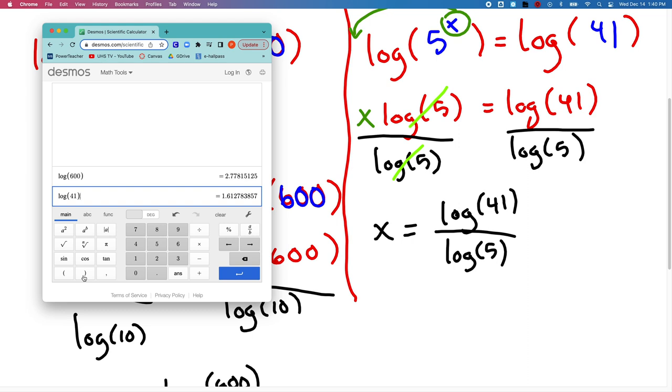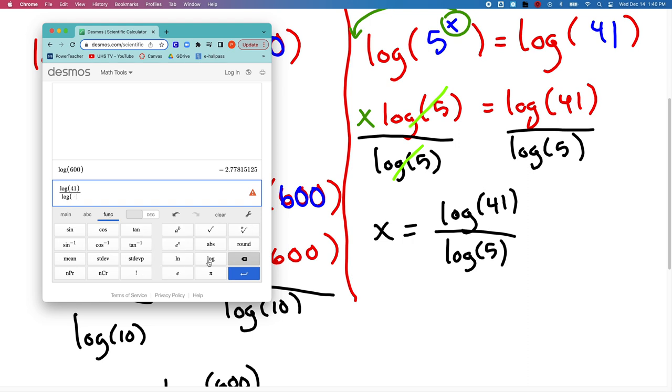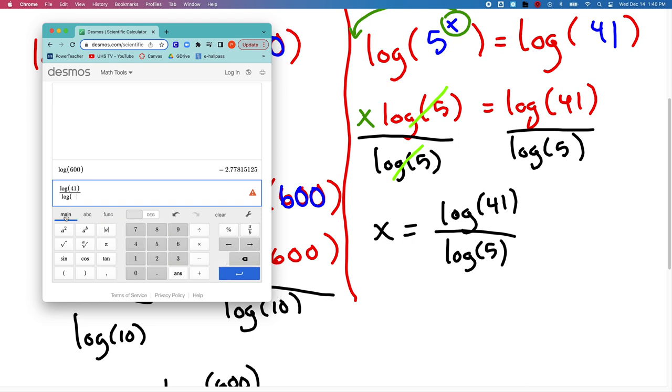If you hit the divide button before you close that group, your calculator is going to divide 41 by the next thing you type, and that's not what you want. You want to make sure you close that group, then you hit the divide button, and then you're going to hit log of, in this case, 5. So 5, close my group, equals, and that's approximately 2.307.